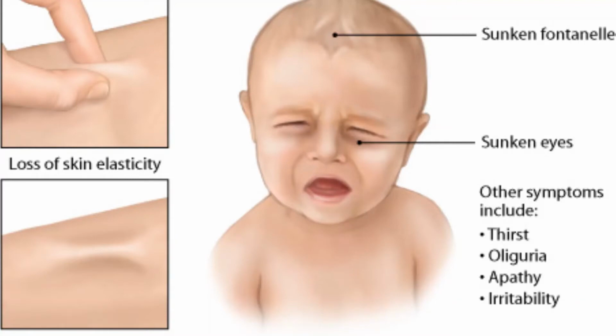It means that he or she is too dehydrated, so there are no tears either. Or if he or she is unusually sleepy, drowsy or unresponsive. So in these conditions, you should immediately call your child's doctor.